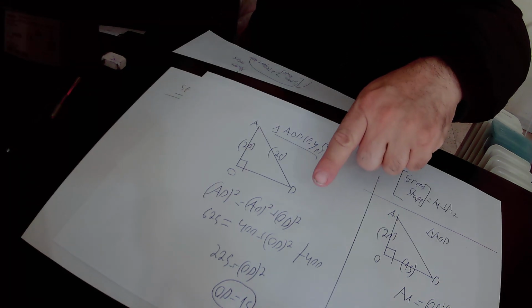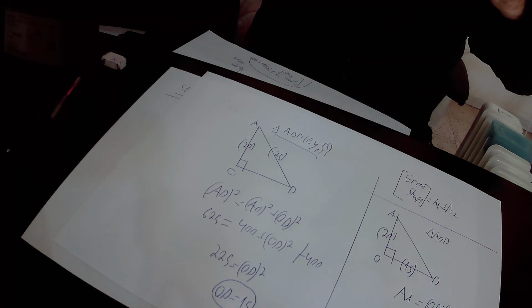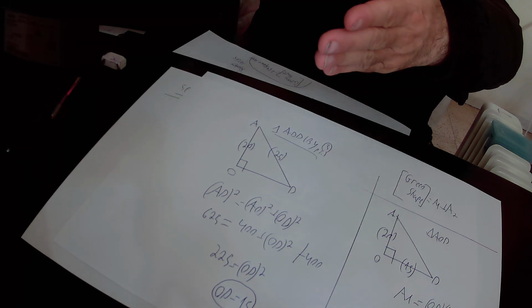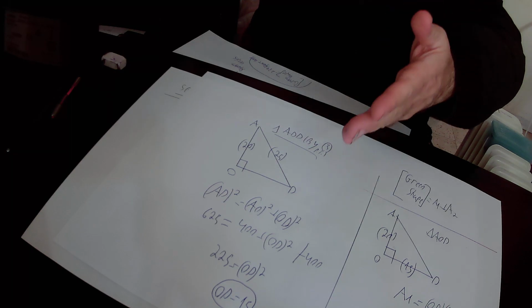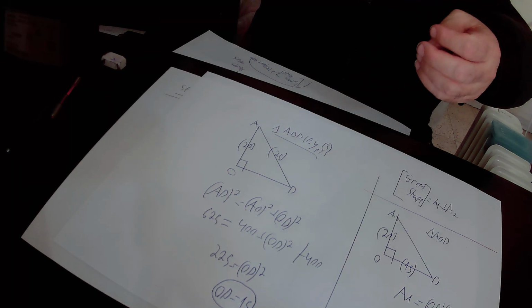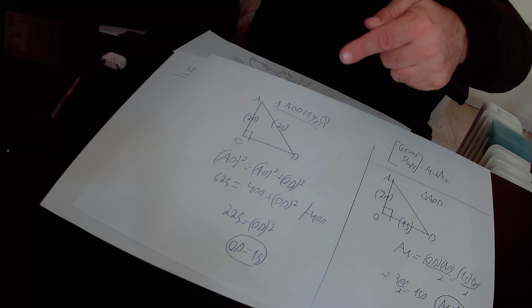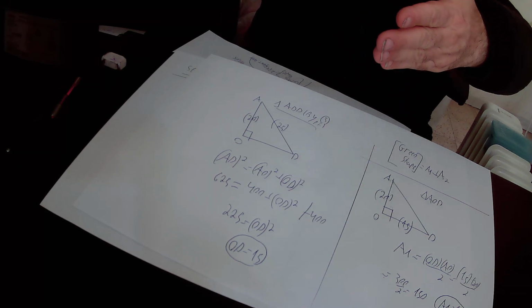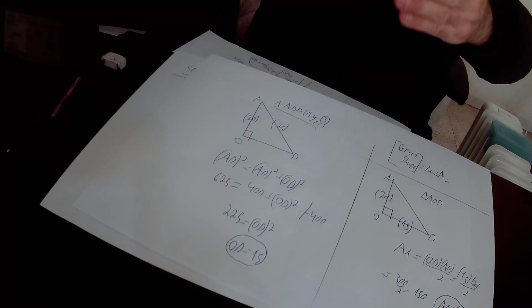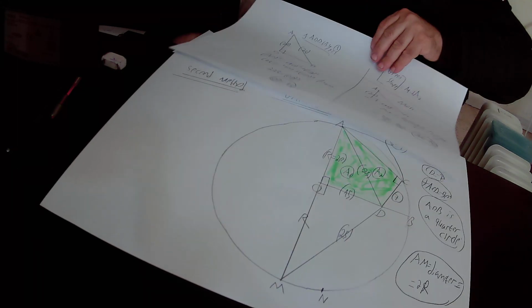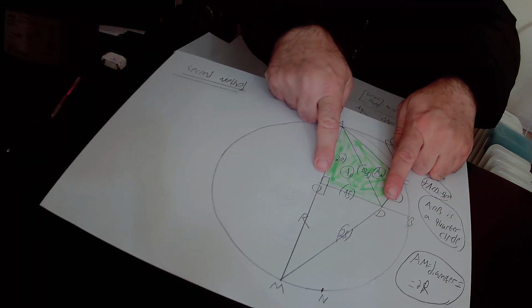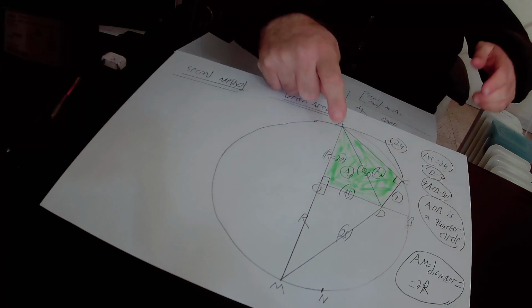We subtract 400 and find that OD squared equals 625 minus 400, which is 225. Taking the square root, OD equals the square root of 225, which is 15. So this side OD equals 15 units in length.